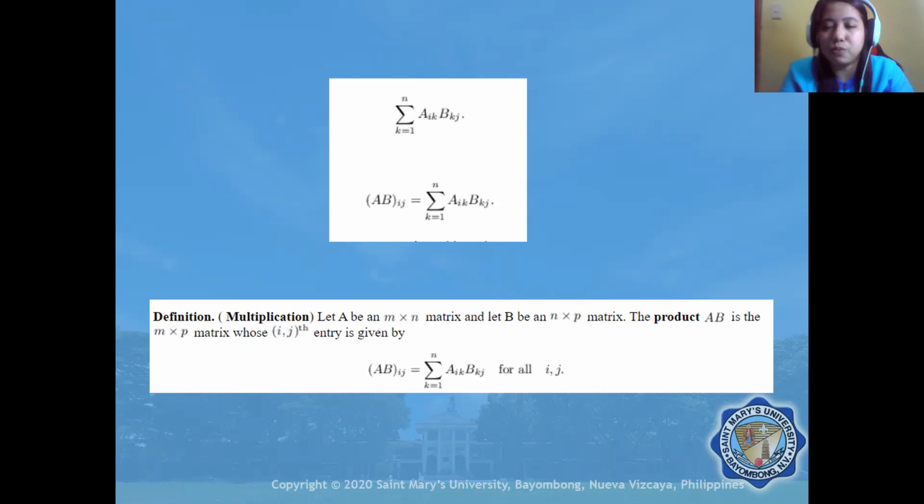So the product AB, ij, can be defined as the summation of A sub IK, B sub KJ, where K is from 1 until N, for all I and J. So similar to what is presented here.